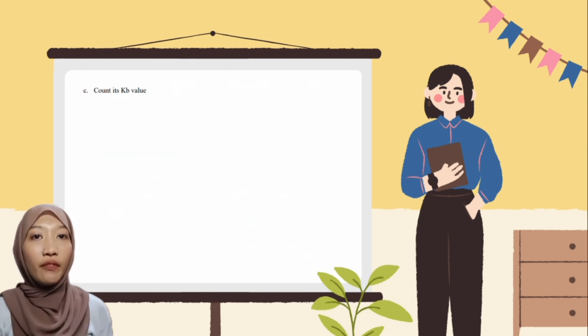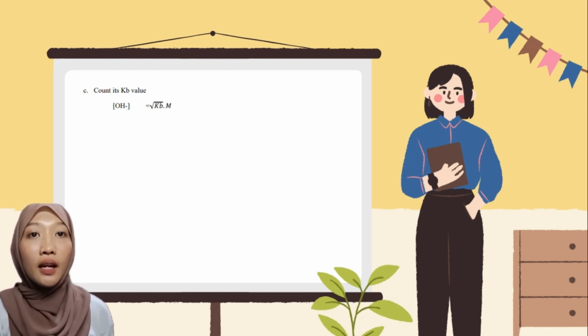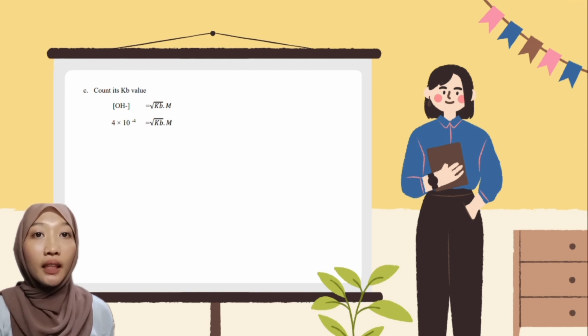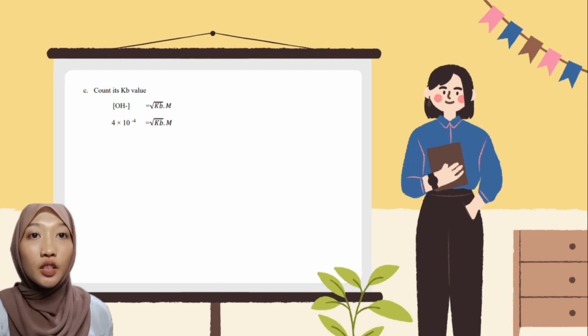Next, calculate its Kb value with the formula concentration OH minus equals square root of Kb times M. 5 times 10 to the power of minus 4 equals square root of Kb times M. Next, 5 times 10 to the power of minus 4 squared equals Kb times 10 to the power of minus 2.